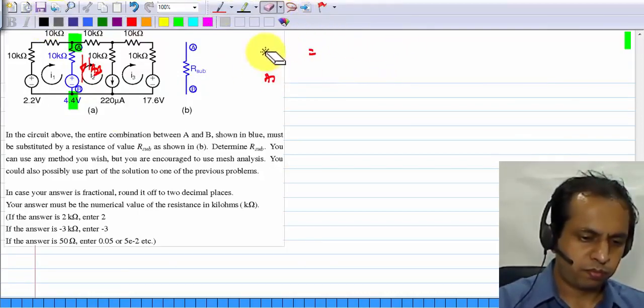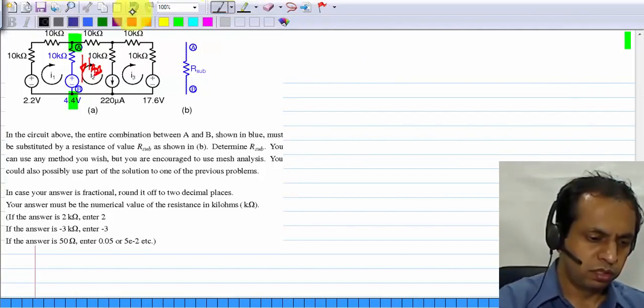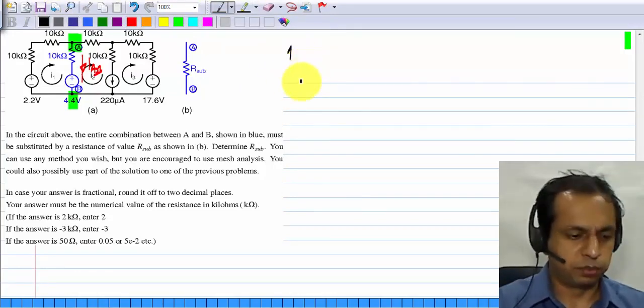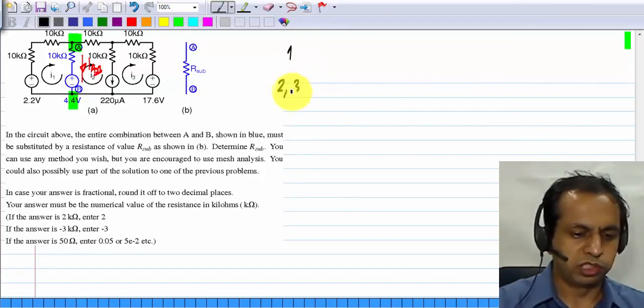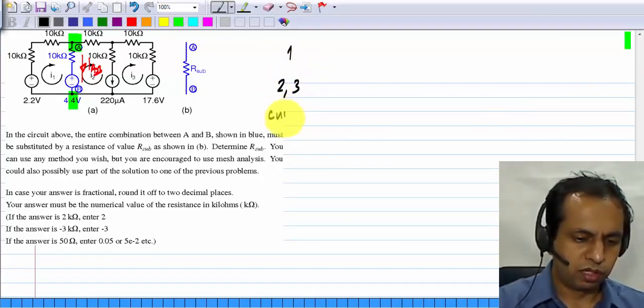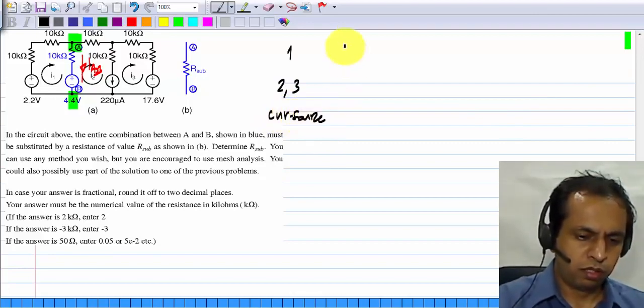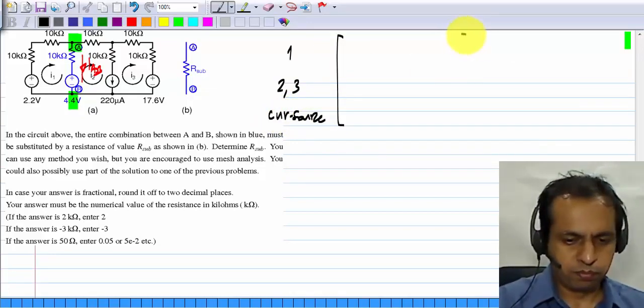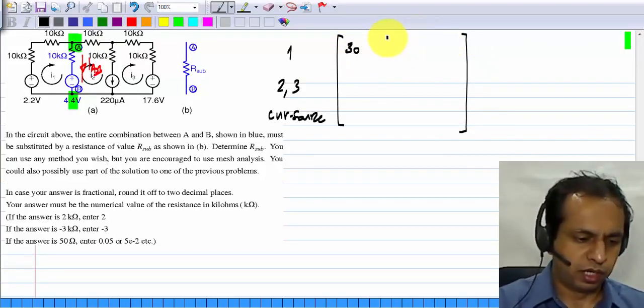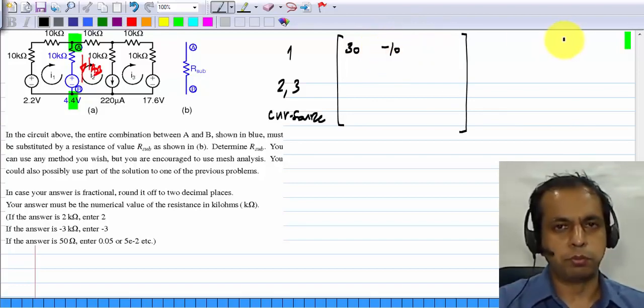You can solve for this using mesh analysis by using the usual setup. If you use the first row for the first mesh, the second row for meshes 2 and 3, and the third row for the current source, what we have in the resistance matrix is this. The first row, of course, will have 30 kilo ohms here and minus 10 kilo ohms times I2 and nothing common with I3.